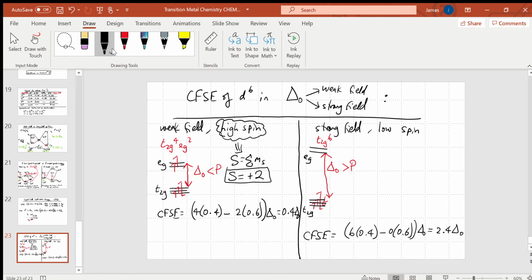And again, it's low spin because we have essentially 3 upward facing spins, 3 downward facing spins, so they equal 0. And 0 is definitely lower than plus 2.